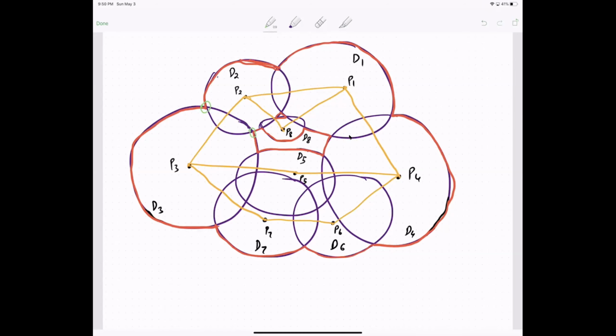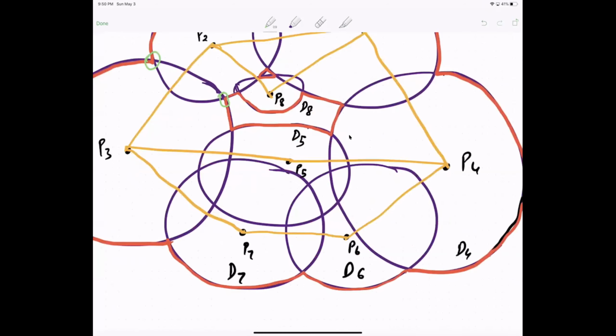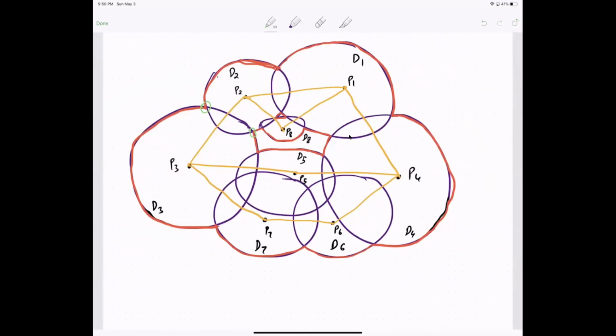Similarly, P1 and P2 have one boundary intersection point on the union. Similarly, P3, P7, P7, P6, P6, P4, and P4, P1. Let's look at examples where we didn't join. For example, we didn't join P8 and P5, because the disks don't even intersect, so no chance of connecting.